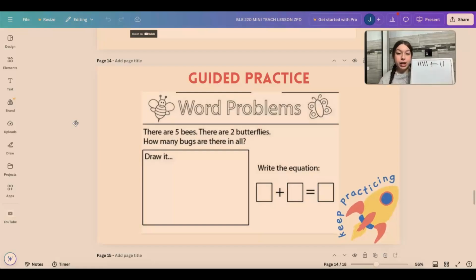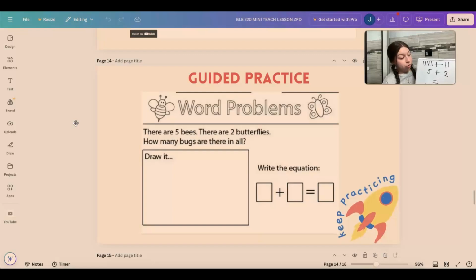Perfect. And then what does it ask us to do? Write the equation out, right? So how many did we say this was? 5, correct? So we'll do 5, and then our plus symbol, and then 2. Perfect. All right, let's go ahead and add this all up together. If you can't do it in your head, I don't expect you guys to know that yet.